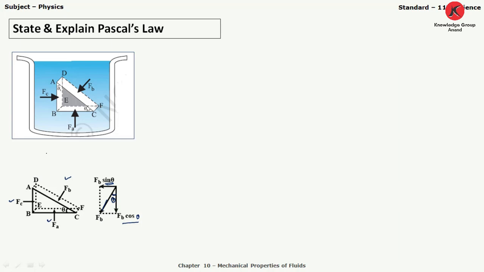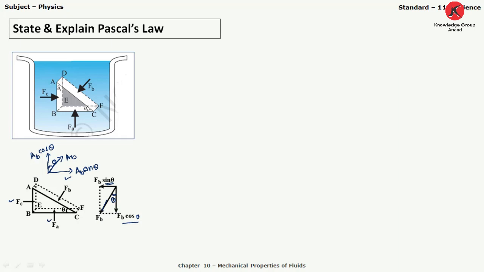And in a similar way, if we consider the area vector like this, this is area AB. If this angle is theta, then this will be our AB cos theta, and this will be our AB sin theta.